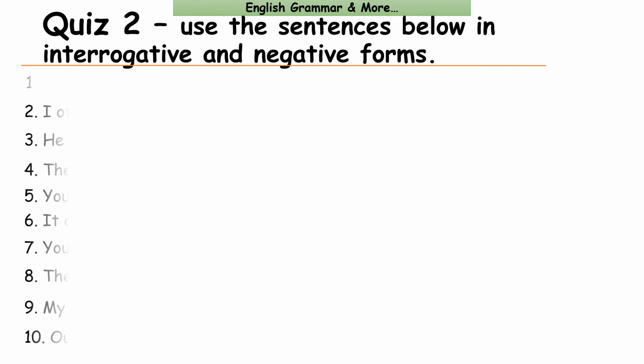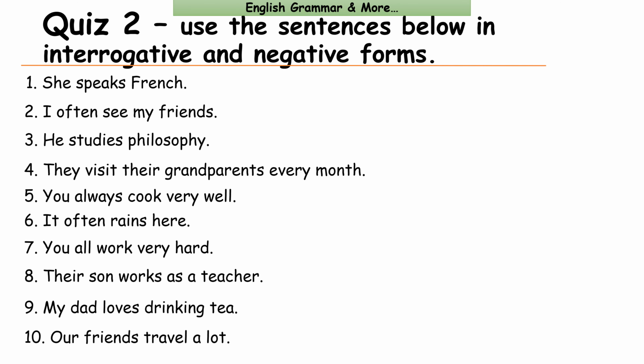For quiz 2, I would like you to use the affirmative sentences you see on the screen in both interrogative and negative forms. You have 30 seconds to prepare your answers. After 30 seconds, I'll show the correct answers so that you can cross-check.